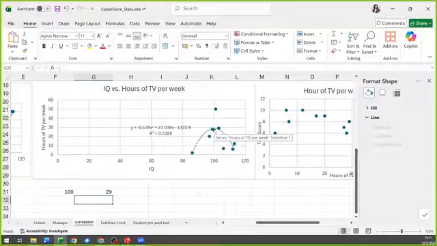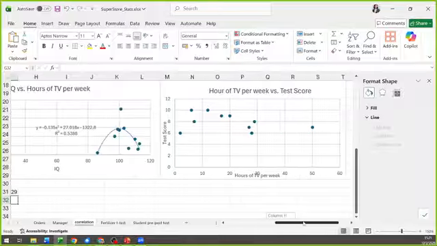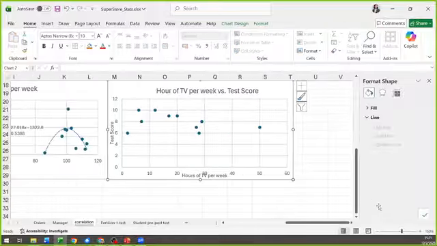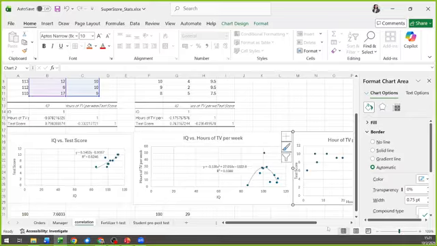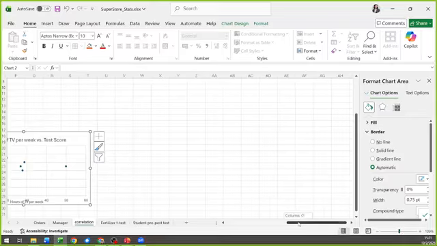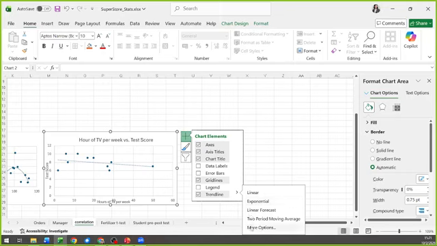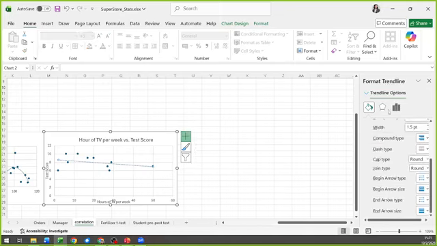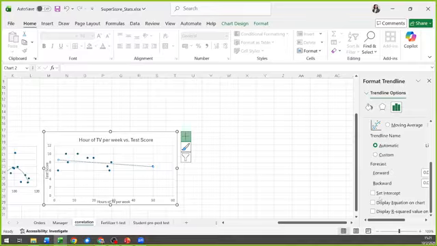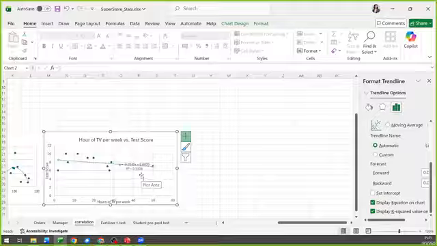Alright, so the next one, I will add, let's move my display. I will add a trend line, and then more options, display equations. Okay, so this is negative, right?